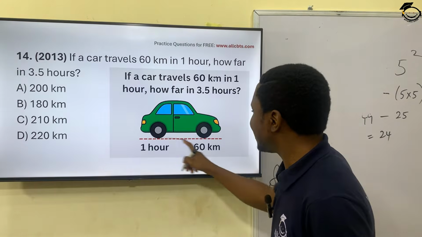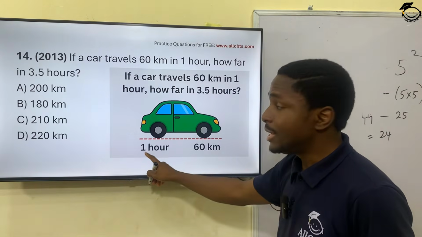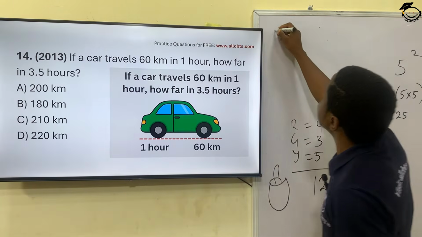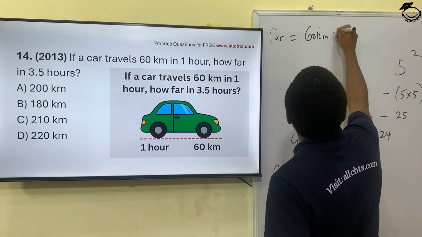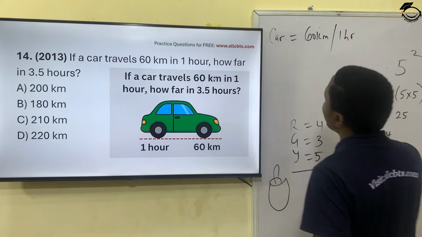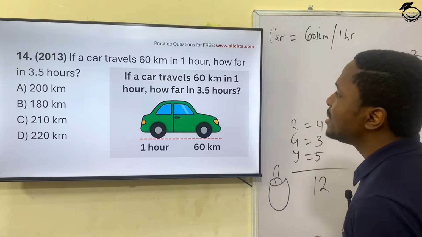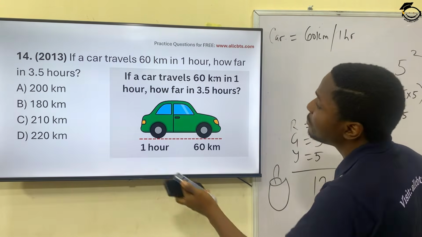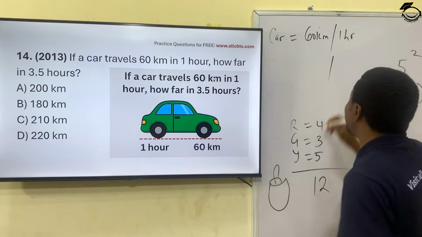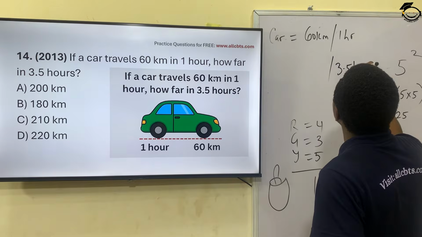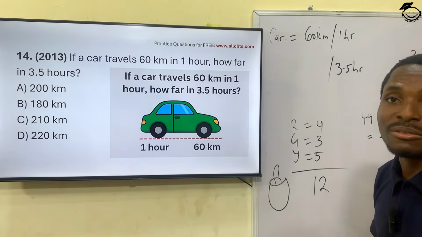So the car travels 60 kilometers in 1 hour. So this is our car now. It travels 60 kilometers in 1 hour. Okay, so how long will it travel in 3.5 hours?